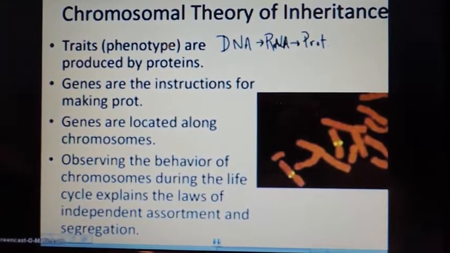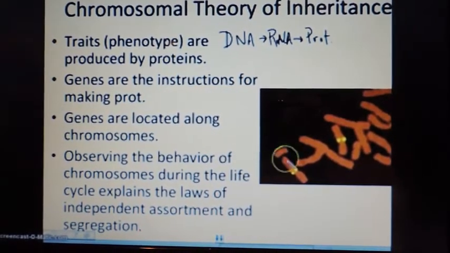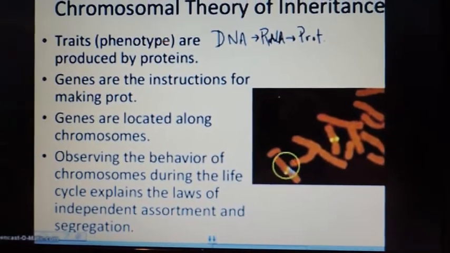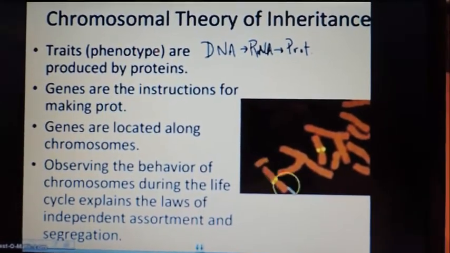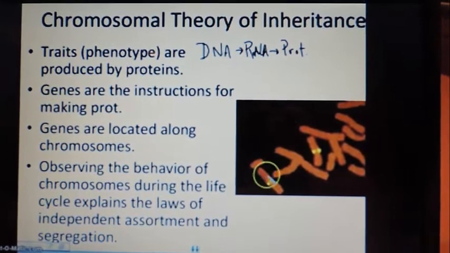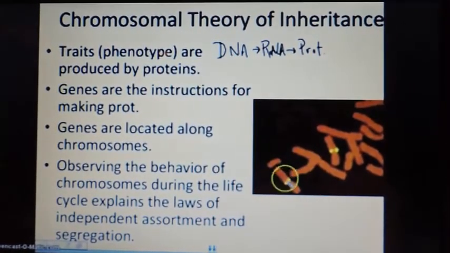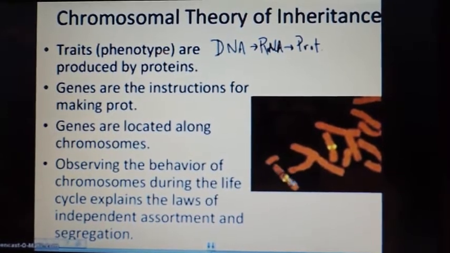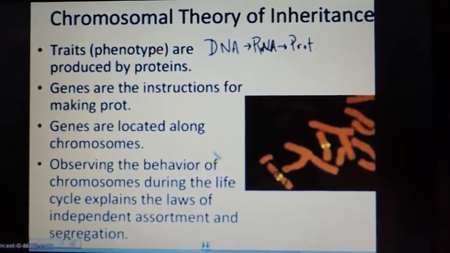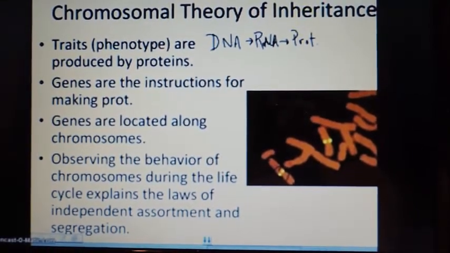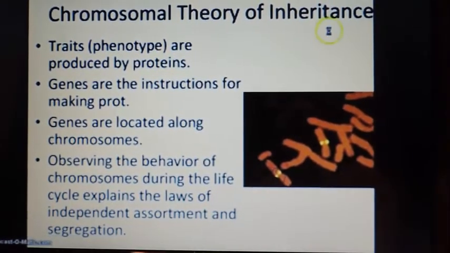Now, genes have a physical location, and that location is on the chromosomes. So, by tracking the movement of chromosomes during meiosis, you are able to see how genes get passed on from parent to offspring, following those patterns first observed by Mendel.